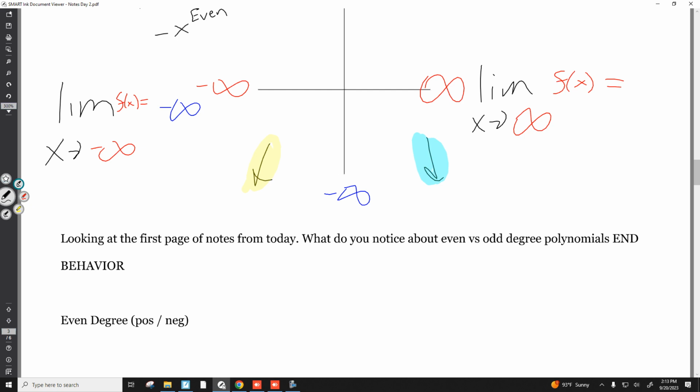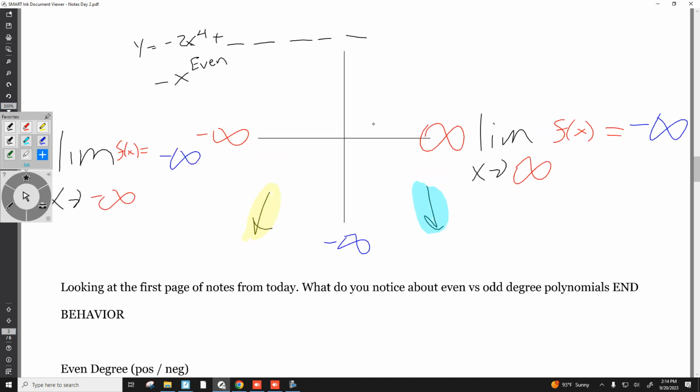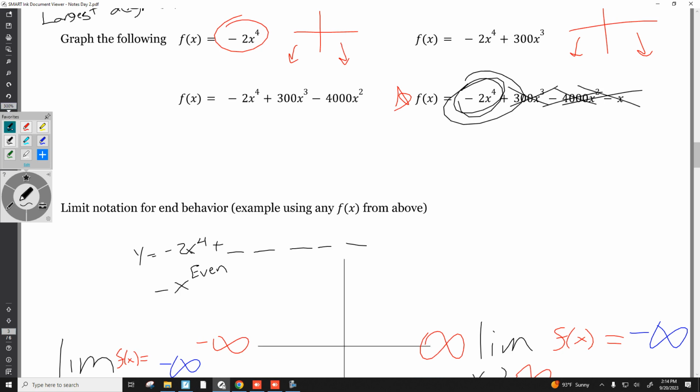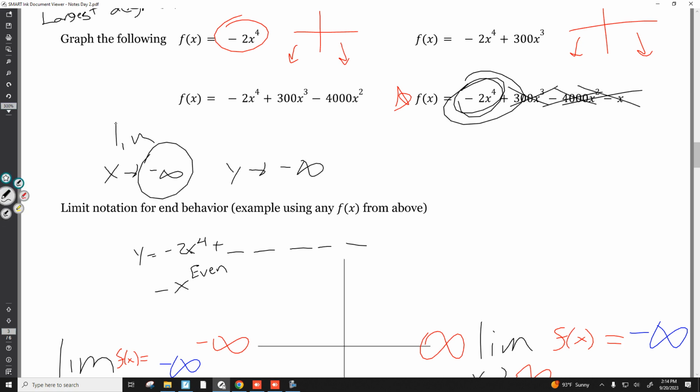Since I'm going down, we would say I'm approaching negative infinity. This is the same as what you did last year, when you said x goes to negative infinity, y's go to negative infinity. It's the same thing. Only this goes underneath a limit, and this goes as your answer. Got it?